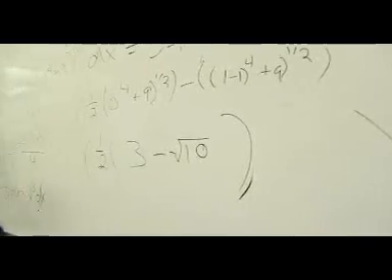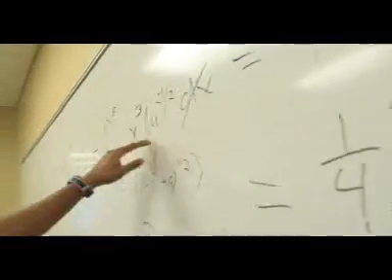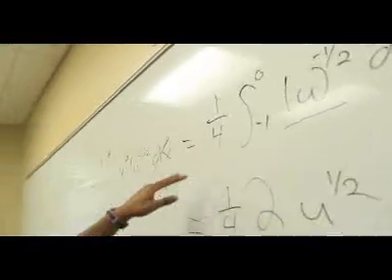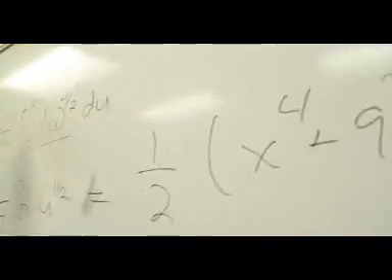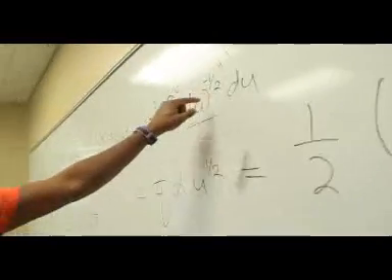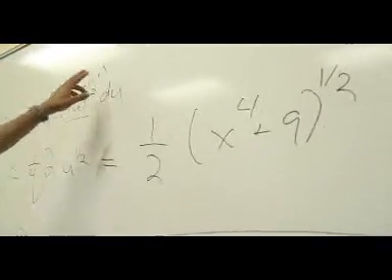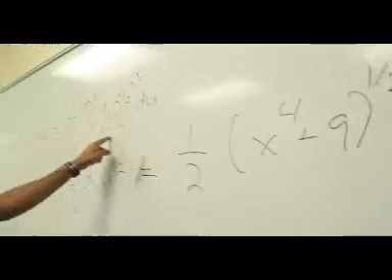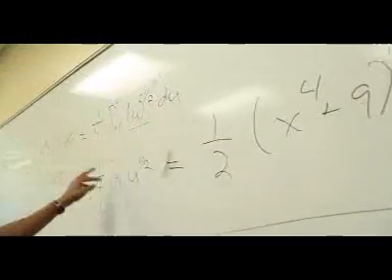So first, we find our inside function and make it our u. We plug in for our u, we make our du. Then we do our power rule, because we see we have a constant raised to an exponent: plus 1, times the reciprocal of whatever we get after we add that 1.